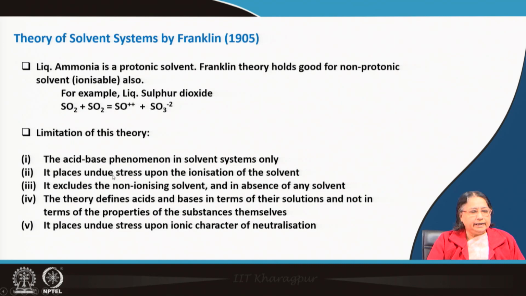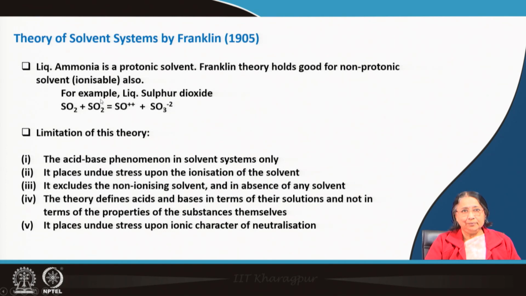Also, we have seen that ammonia is a protonic solvent, but there are some solvents which are non-protonic, for example, liquid sulfur dioxide. In liquid sulfur dioxide we do not have any proton. So, what will happen here? It is also explained by Franklin.